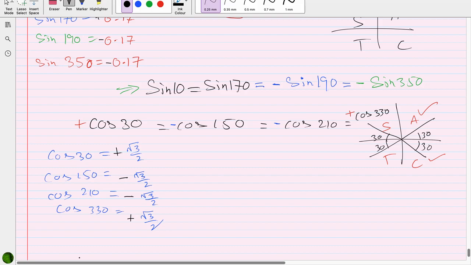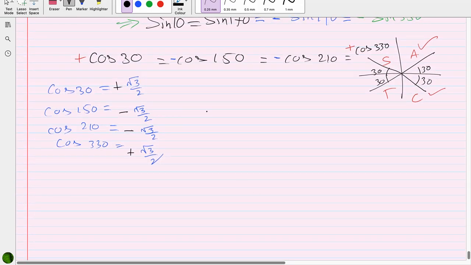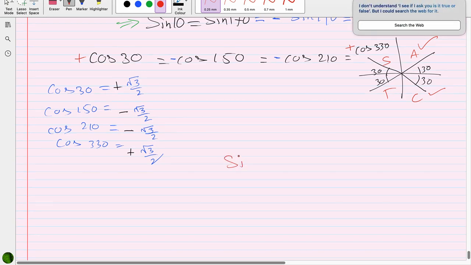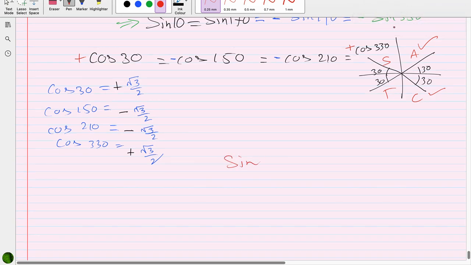Now again, missing the details. If I ask you, is it true or false, if I ask sine of 50 is equal to sine of 130, will you say it is true or false?